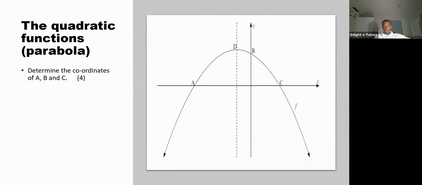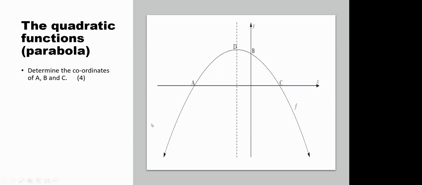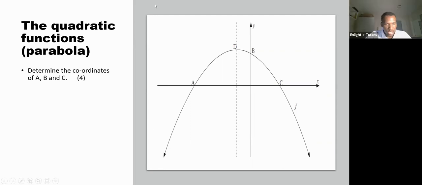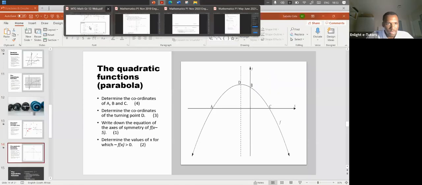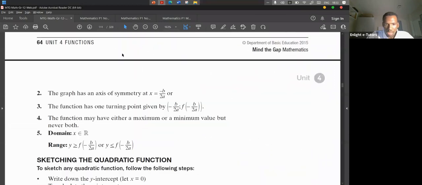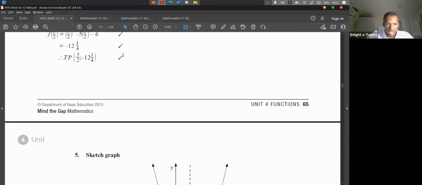You understand? The parabola is about what? You are given, or they told you, that A, B, and C are the intercepts of the graph, and then they say determine the coordinates of A, B, and C. Wait, I think there is missing information here about the graph.